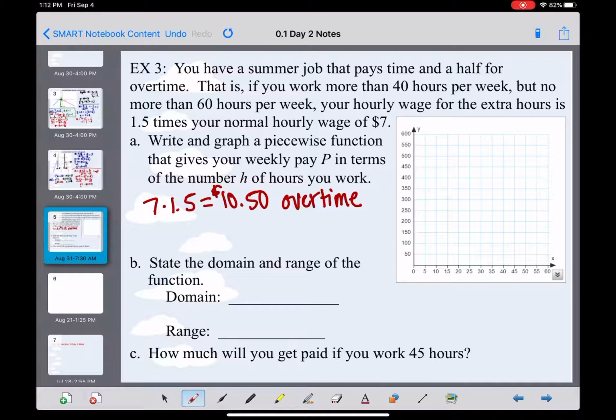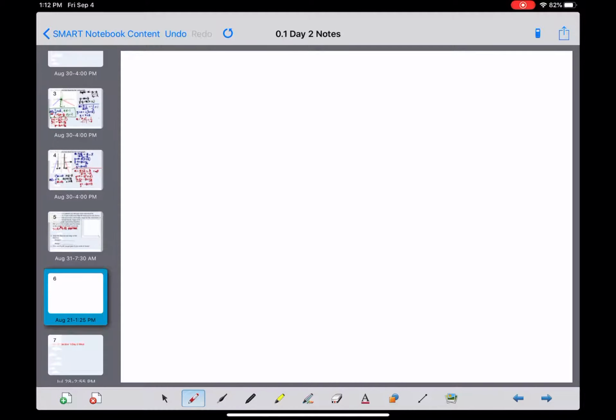Okay, so I'm going to make some scratch work. My table is going to have H, my hours, which is my X value, and then my pay, P of H, which is my Y value.